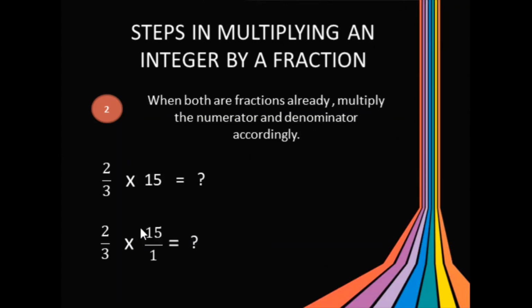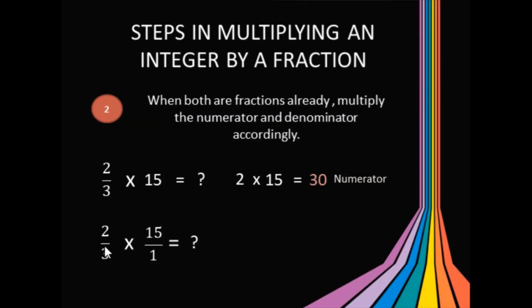Okay. Next is to multiply the numerators and the denominators. What is the numerator here? It is 2, and the other one is 15. So we have 2 times 15. Okay? What is 2 times 15? That's 30.